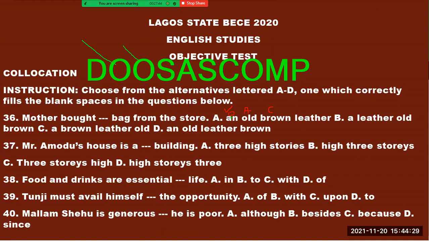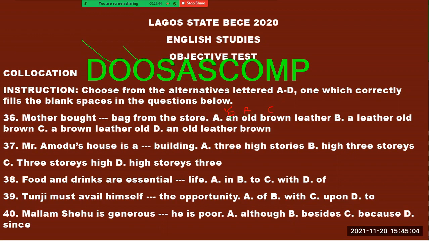So here, "an" is a determiner, and that should come first in the order of adjectives. "Old" is age. And when we talk of age, where does it come? It comes before size, and size comes before color. So what follows here is color. We have age coming before color, and determiner coming before age.